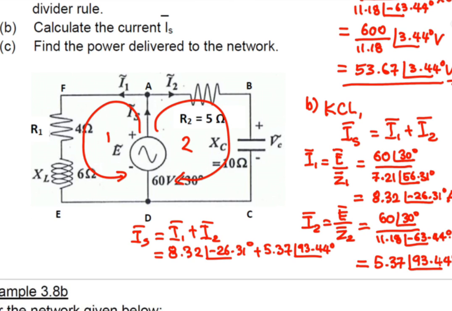Now, since these are in polar form, I need to convert to rectangular form because I'm going to add them up.